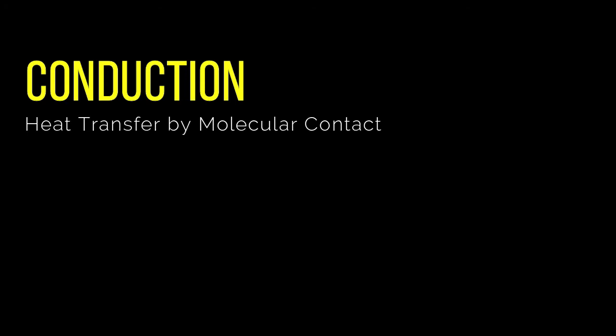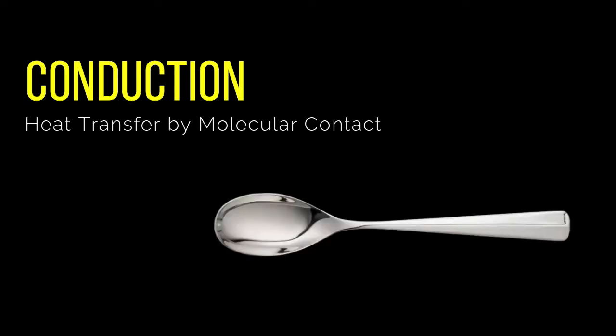This heat transfer is as a result of molecular contact. The best way to understand conduction is by thinking about an example. So, here I have a metallic spoon and imagine I am holding a match underneath it. Well, we know that the spoon is going to heat up.